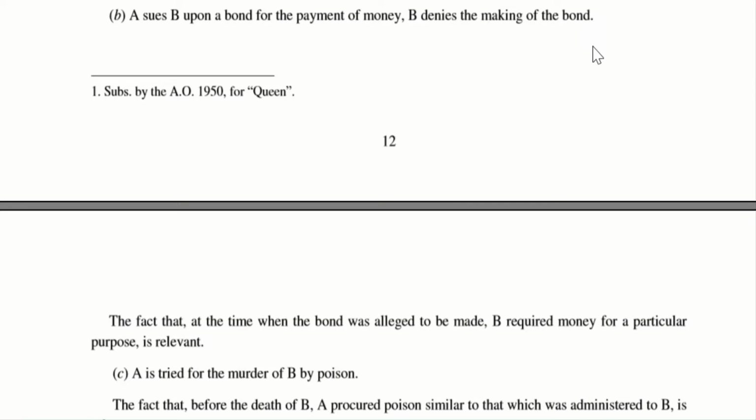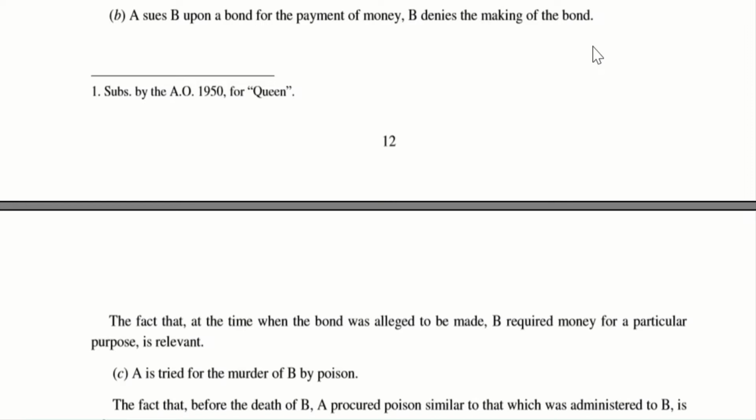So A is going to court. In the court, B is coming and saying, no, I did not take any money from him. In that case, let us take the date of the bond. On that date of the bond or near to the date, if there was some financial requirement for B, imagine B had to marry his daughter, or B was constructing a house which was halfway done, or there was some loan which he had to repay.